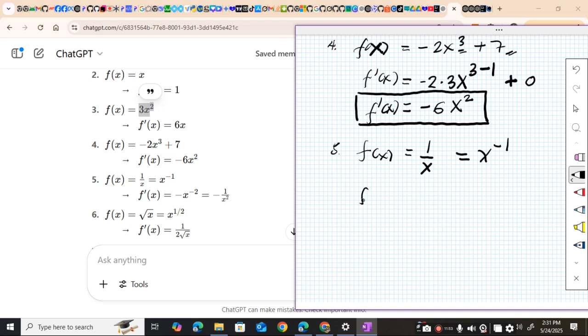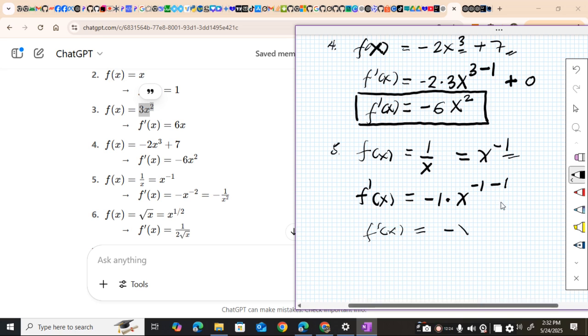So transforming it to x raised to negative 1, we can now use the power rule to get the derivative. And as I have said, all we need to do is to bring down the power. This time the power is negative 1. And then we multiply it to x raised to the power, and we have raised to a power less than 1. So subtract 1. Therefore, our derivative now, f prime of x, is equivalent to negative x raised to negative 2.